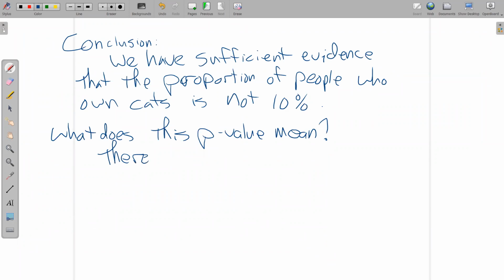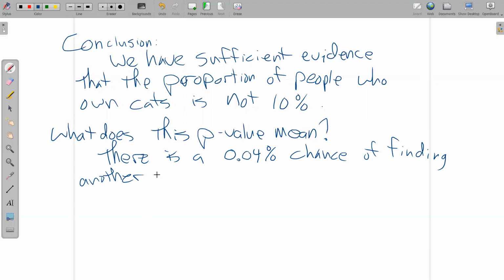So there is a 0.04% chance of finding another sample, and I should state the sample size because that matters. That's part of the standard error. Another sample of 700 people.